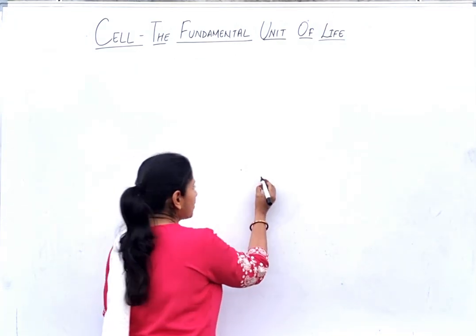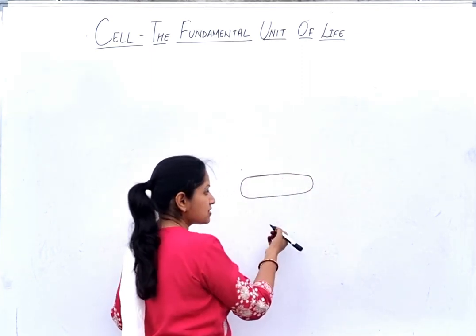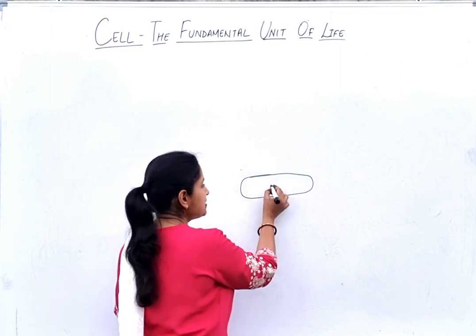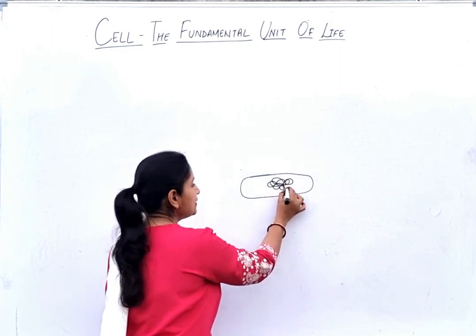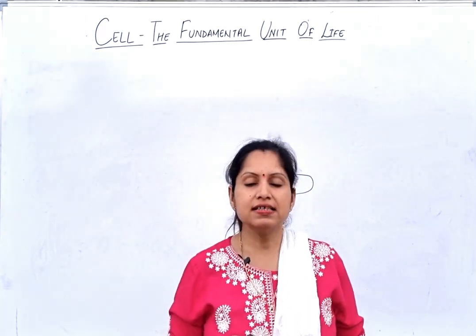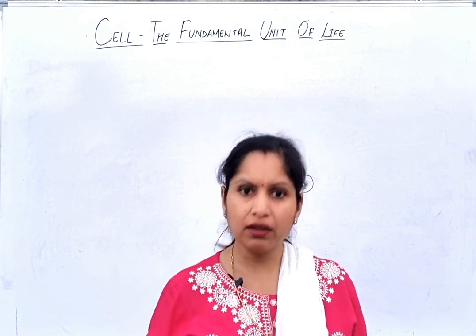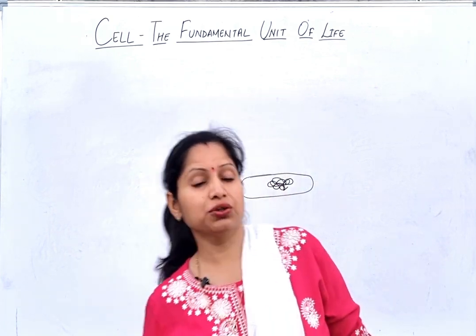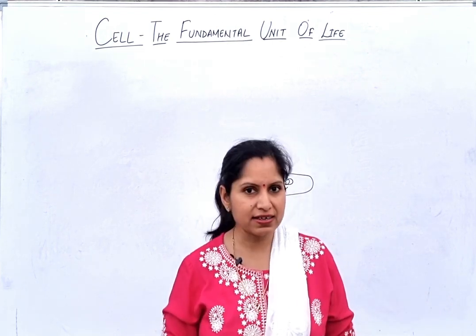In some bacteria, it is seen that this is a cell, and inside the cell the nucleic acid is present just like that. It's not surrounded by a nuclear membrane. Such organisms which do not have a nuclear membrane around their nucleus are known as prokaryotic organisms.